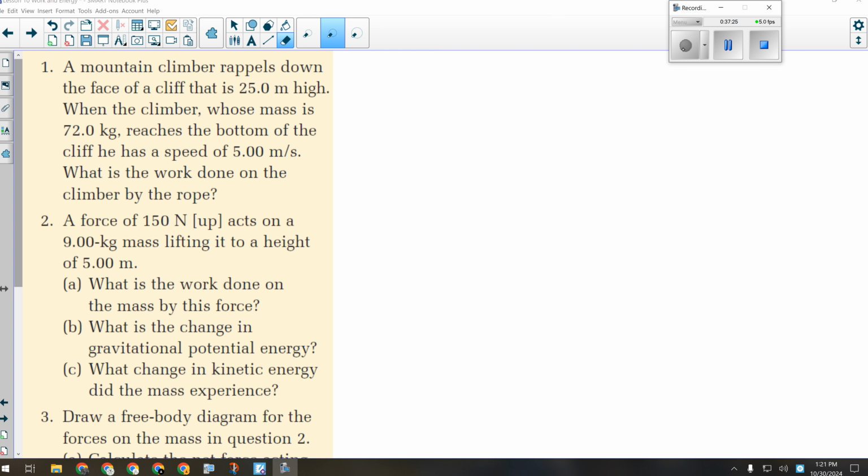If you've ever climbed, you know you don't touch your carabiner. That's the thing that the rope goes through, and after you've done a bunch of rappelling, the rope has been rubbing on it and converting your kinetic energy into heat. That's what saves your life, so you want it to do that. The work is going to be the change in energy between the top and the bottom. Do you want to have the same amount of energy at the bottom of a cliff as you do at the top?